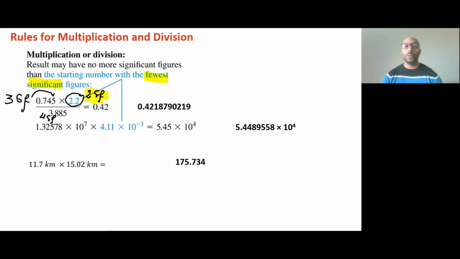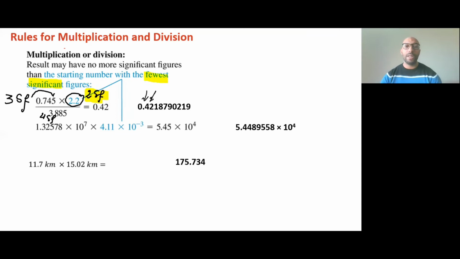In our case, we said that we will choose only 2 significant figures. So 0 is not counted as a significant figure, 4 is counted, and 2 is counted. But here, please be careful. You have to check the number after the last significant figure. If this integer is greater than or equal to 5, we have to round up to the upper digit. If this number is lower than 5, we round down, keeping the digit.